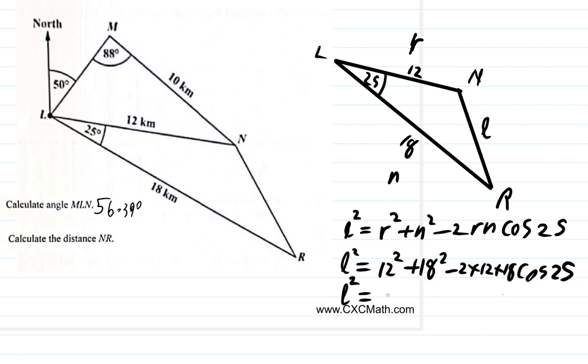l squared equals, so we calculate this: 12 squared plus 18 squared.